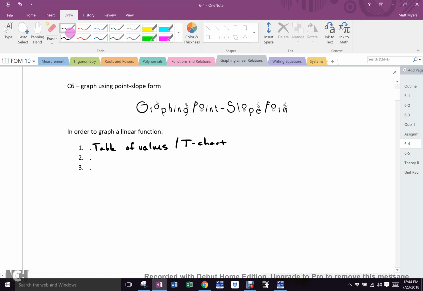And you all know how to fill those in. You have 2x plus 2 equals y. You choose some points, 1, 2, 3. You put them in for x, and get 4, 6, 8. Now you have some y's, you put them on the graph, draw a line, and Bob's your uncle.